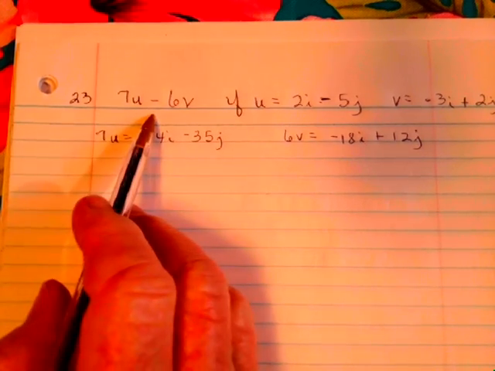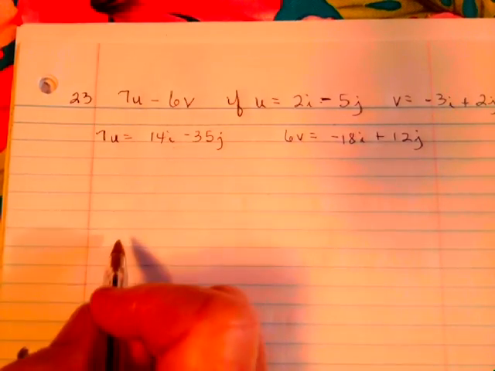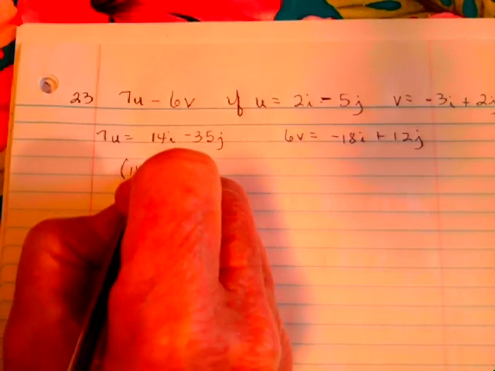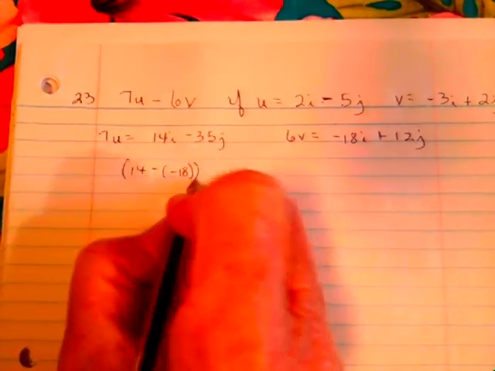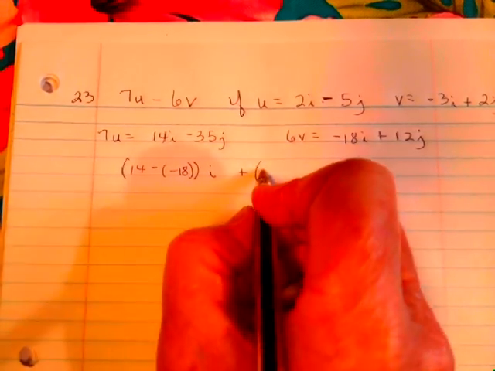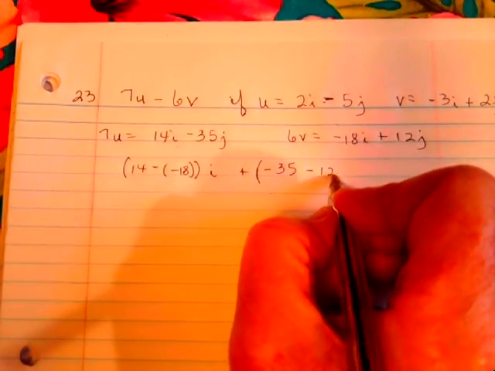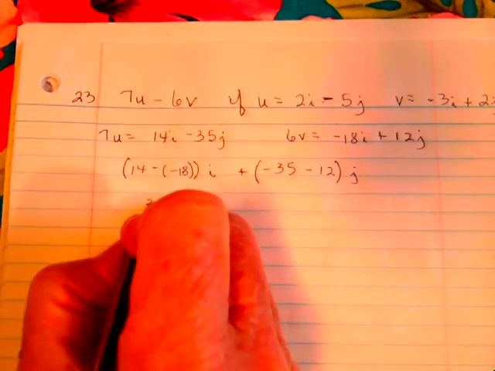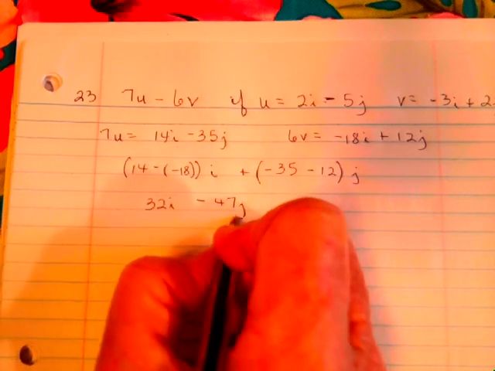Now we're going to do this minus this, which is 14 minus -18, i, plus -35 minus 12, j. Final answer, 32i minus 47j.